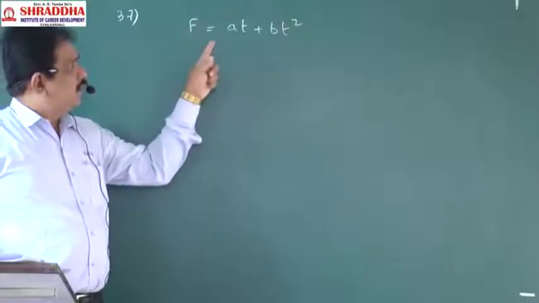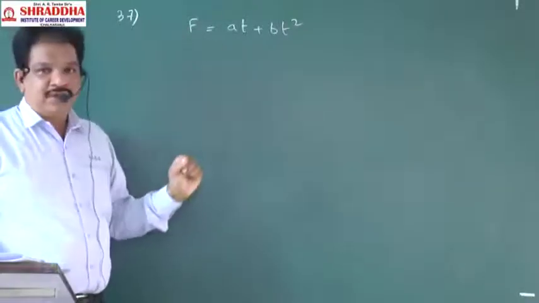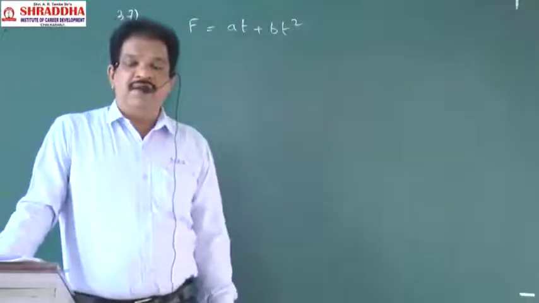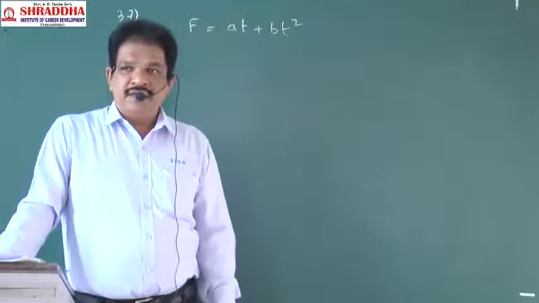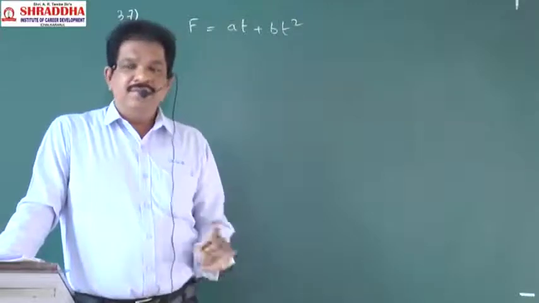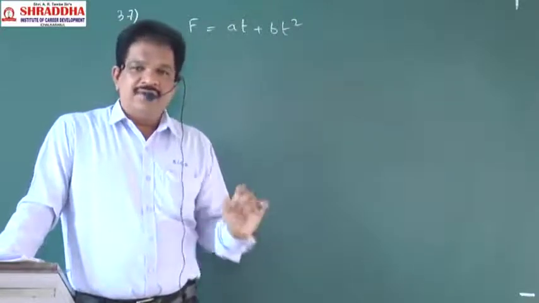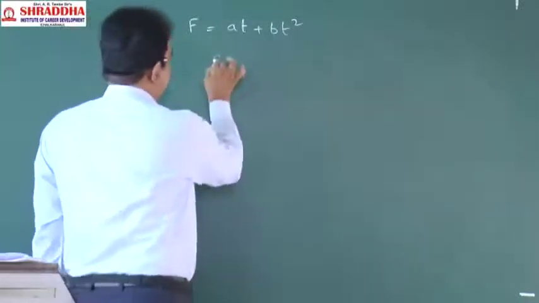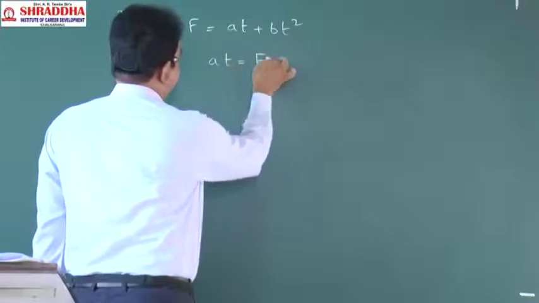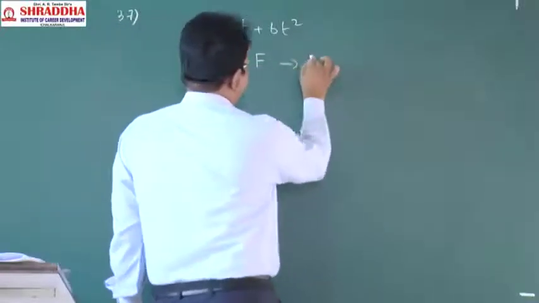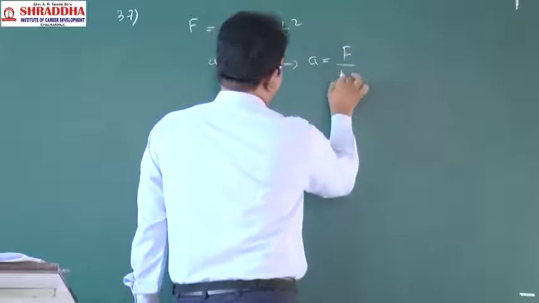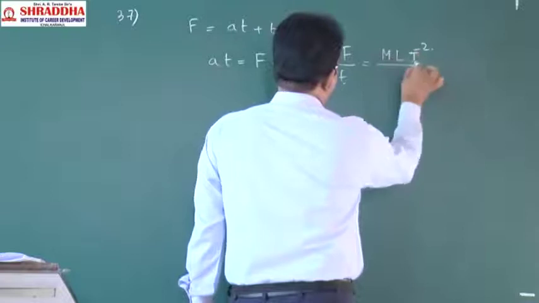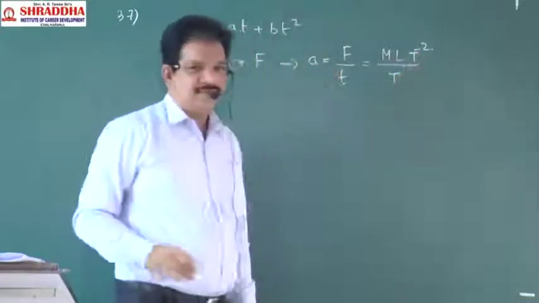So according to the principle of homogeneity, these three will have the same dimensional formulas. F, A T, B T square, all will have the same dimensions. So A T is equal to F, then A is equal to F by T.